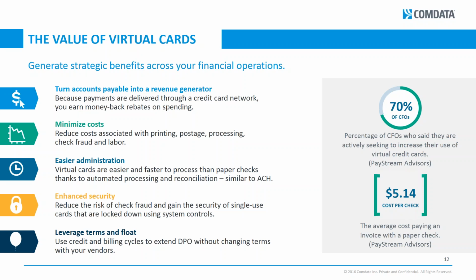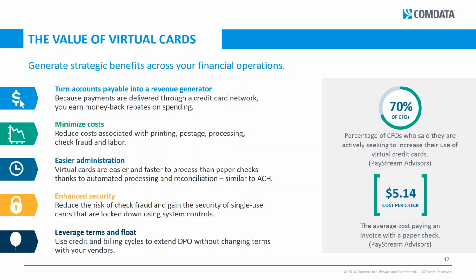For a virtual card, these rebates typically start around 1%. Rebate here at Comdata is generally contingent on two factors. It's contingent on the dollar amount that is projected to be going out via virtual card, something that we are fairly confidently telling you prior to implementing the program through analyzing your vendor file.